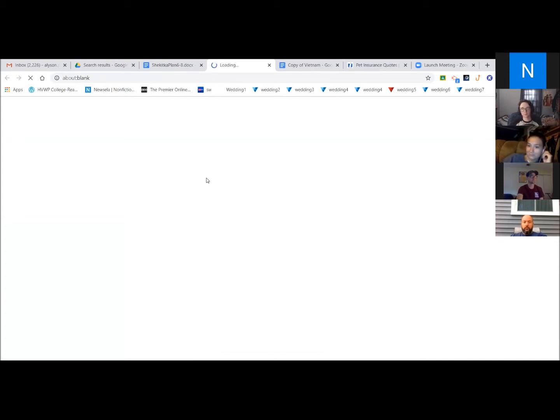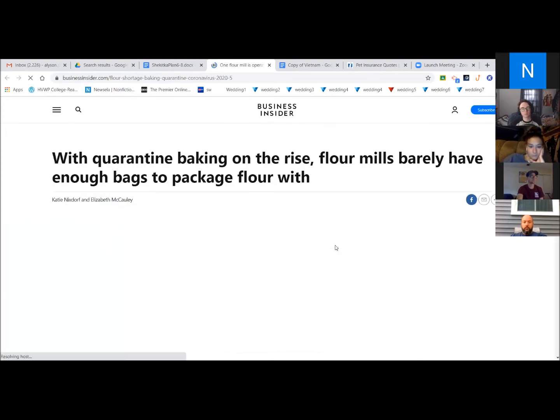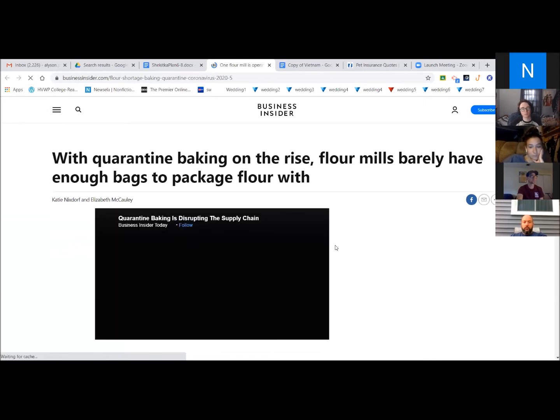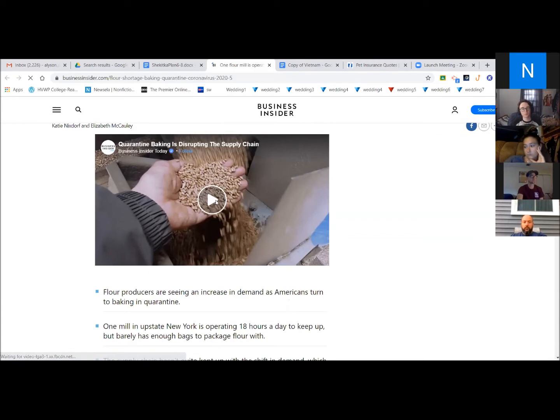But there are different places that you can go. It doesn't have to be just New York Times or Wall Street Journal. There are other really good sources out there. So once this comes up, you can check it out. And if you want to follow the questions along with the video, if you're able to, if not, we'll go back to them at the end.